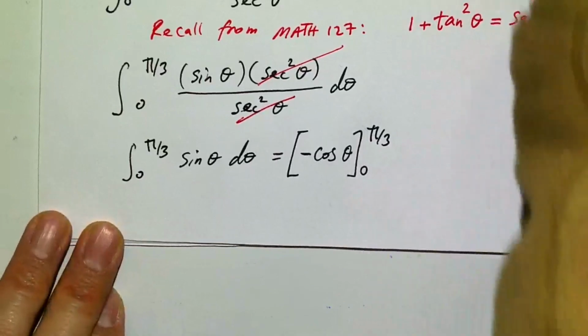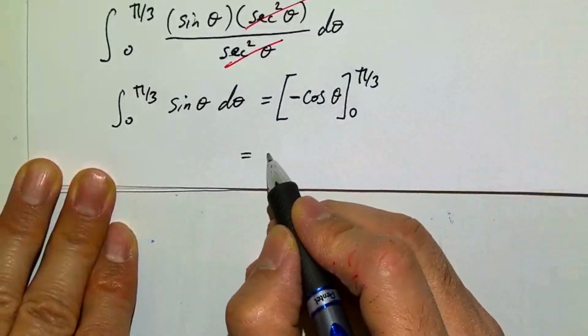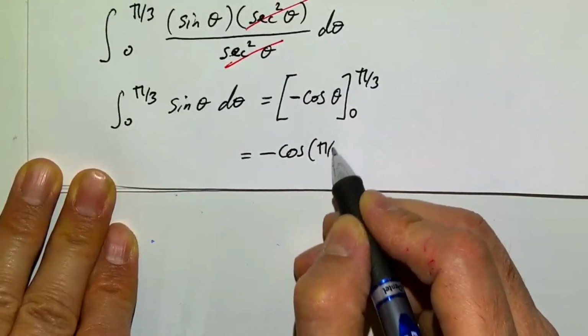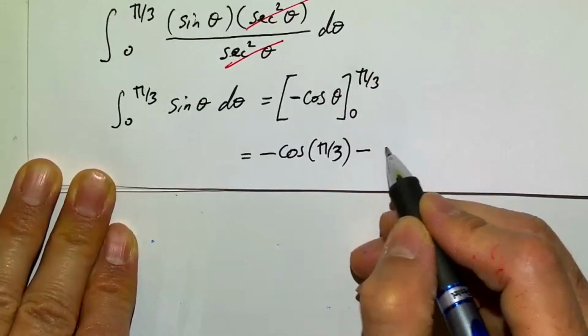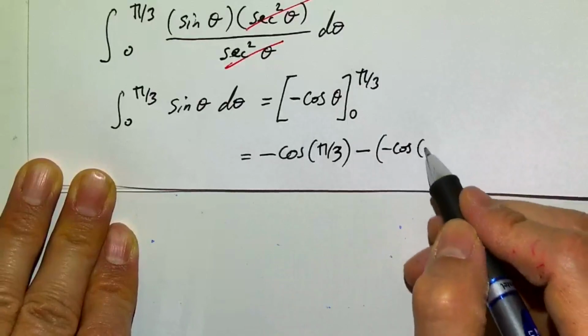So the next step, of course, is just plug in. So we have minus cosine of pi over 3 minus minus cosine of 0.